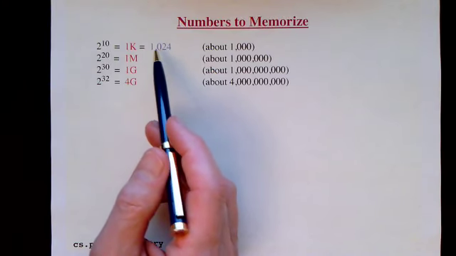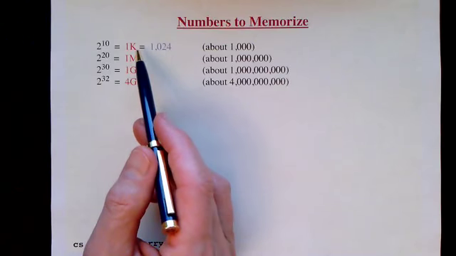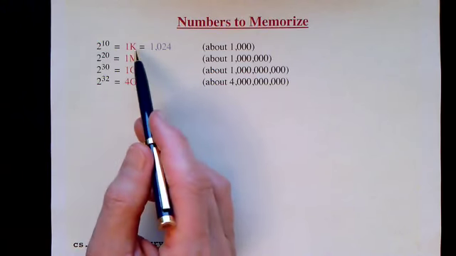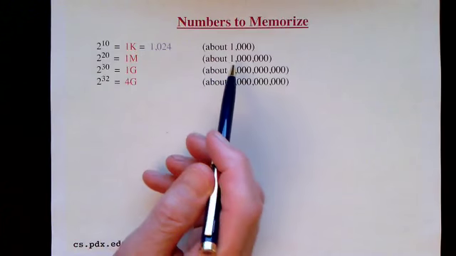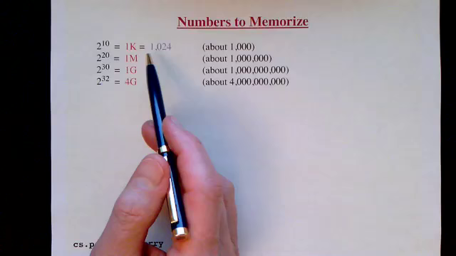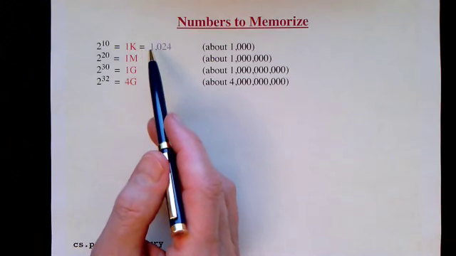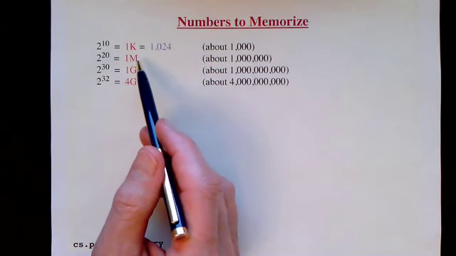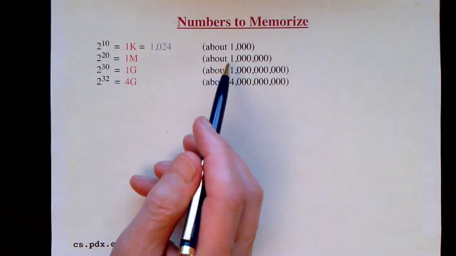And this is a point of confusion, so it's important to understand that when we're talking about memory capacities of computers, K, M, and G do not mean exactly 1,000, 1 million, or 1 billion, but they mean something that's close to that. So 1K is 1024. 1 megabyte is about 1,000,000 bytes.